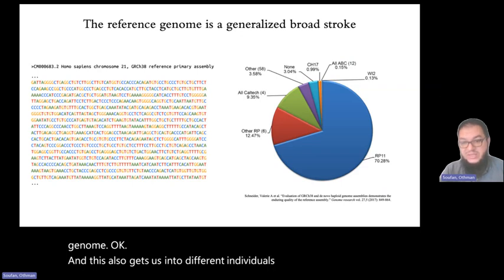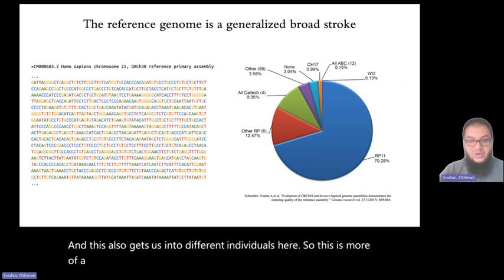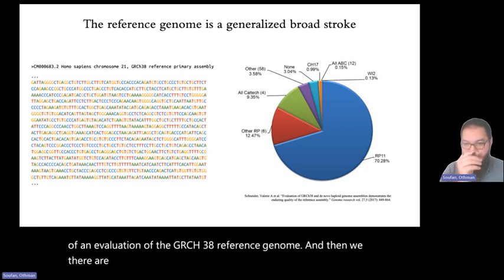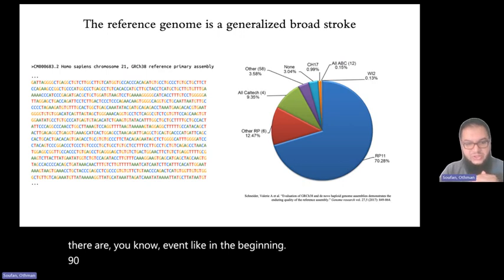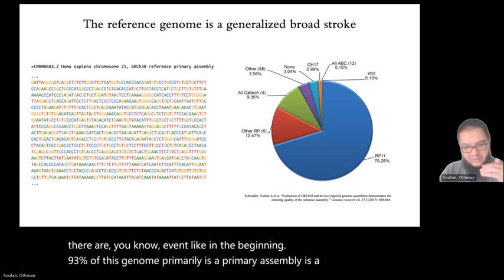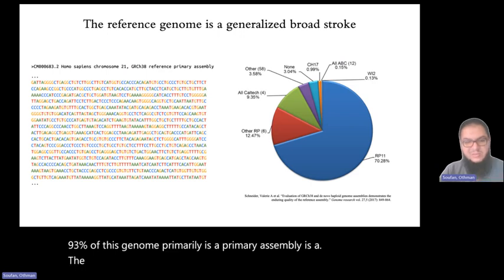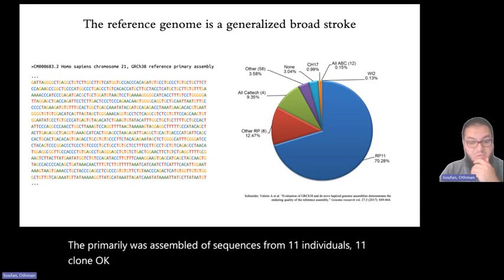individuals here. So this is more of an evaluation of the GRCh38 reference genome. Like in the beginning, 93% of this genome, the primary assembly, was assembled from sequences of 11 individuals, 11 clones, okay, clones.